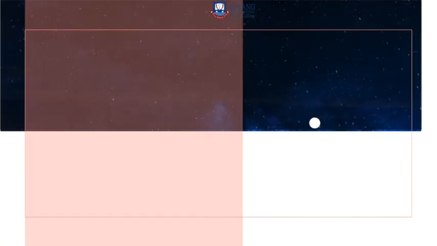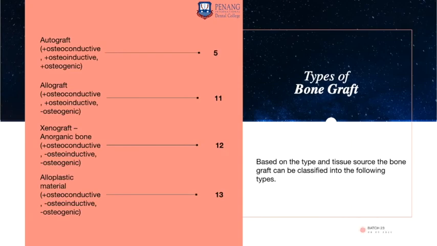Coming on to the types of bone grafts, based on where we are going to harvest the graft from, bone grafts can be classified into autograft, allograft, xenograft and alloplast. An autograft is a graft harvested from the same person, either from an intraoral site or from an extraoral site.